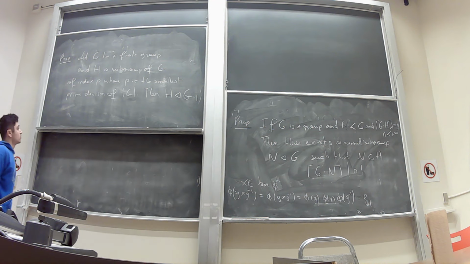Then H is a normal subgroup of G. Let's prove this. I mean outline, sketch basically.